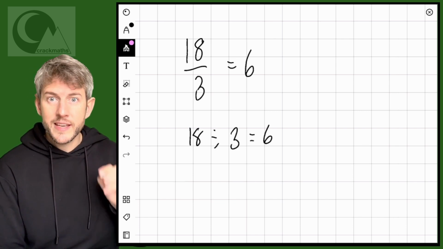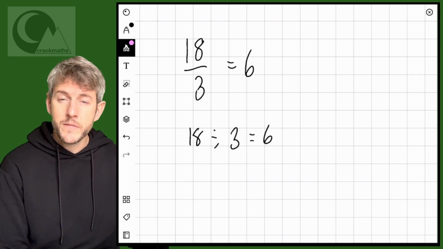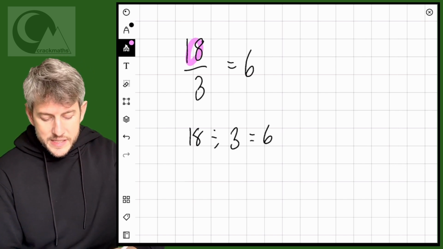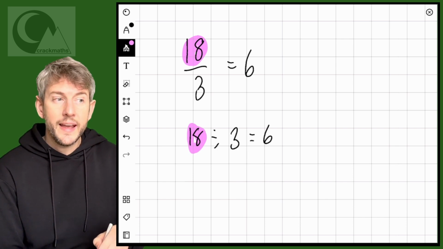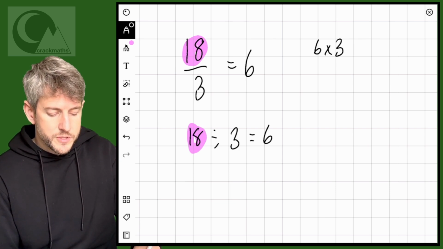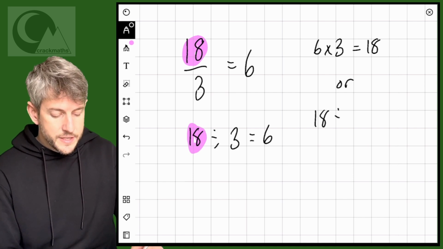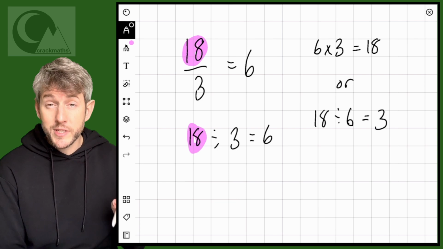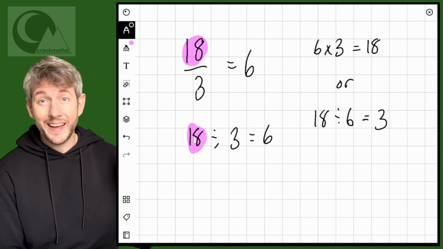Well, the product is always either the result from multiplying the two numbers together or the number that is being divided. So in this case, 18 is our product, okay? So if we've got here 18 divided by 3 equals 6, we know that 6 times 3 equals 18, or 18 divided by 6 equals 3, okay? So remember, the product always goes first in the division. So it's always a case of spotting where is the product.